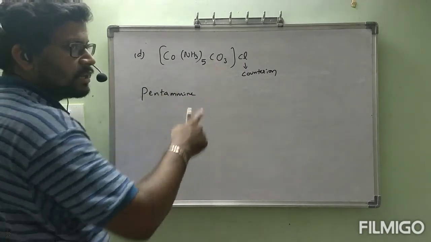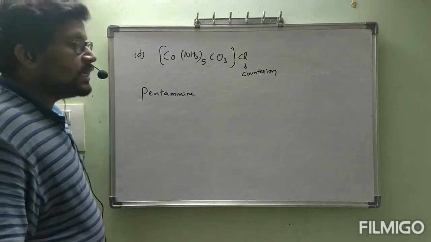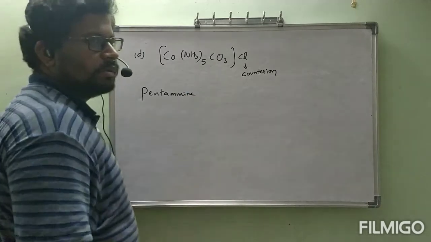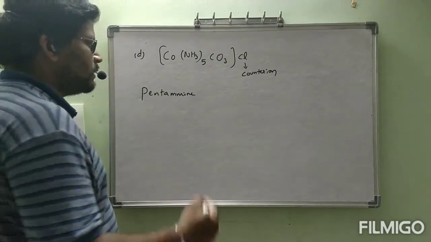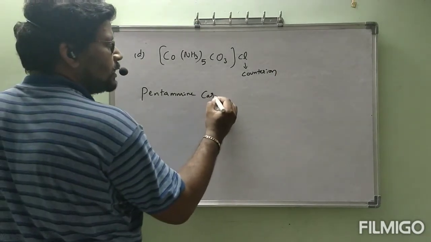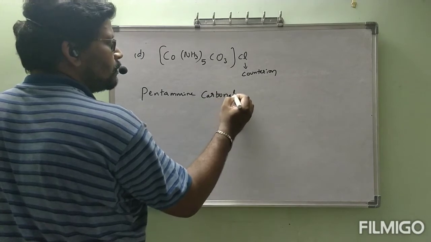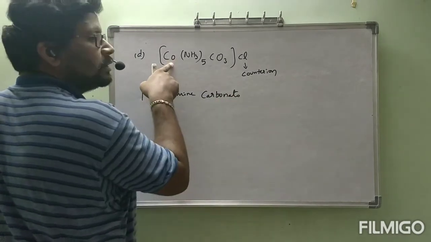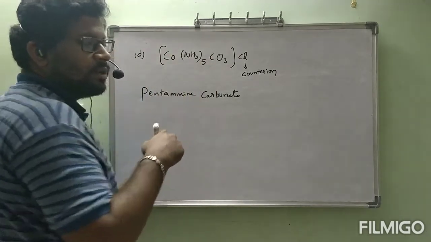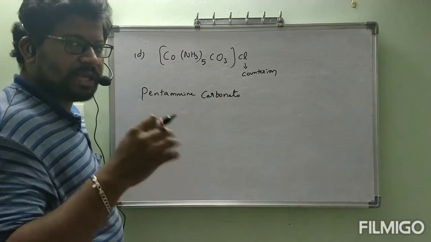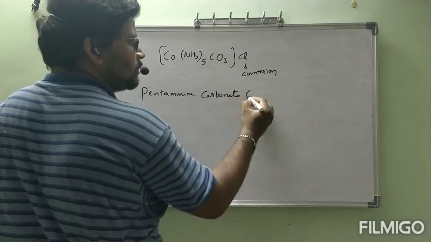This is CO3, carbonato, because it is a negative ligand. This is the central metal atom present in the positive complex, so its name will be the same as it is, cobalt.